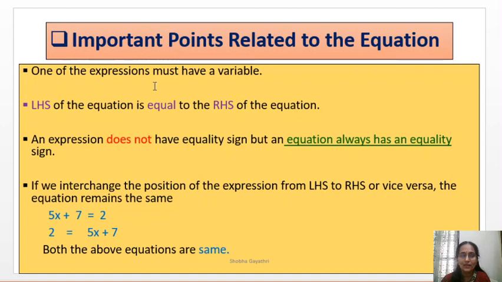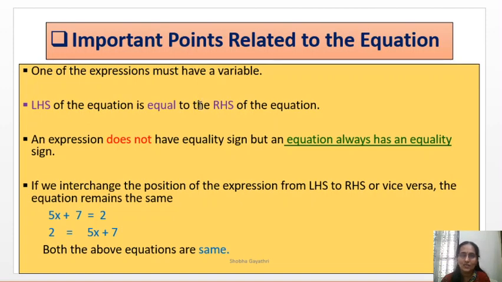Always there is a left hand side and a right hand side for an equation. One expression should consist of variables. Equality of 2 expressions is an equation. The left hand side in an equation is always equal to the right hand side.